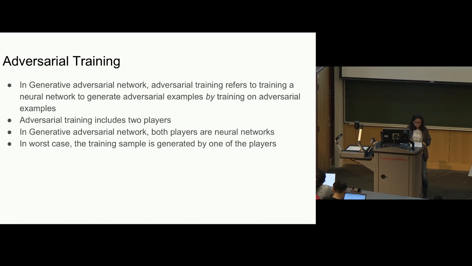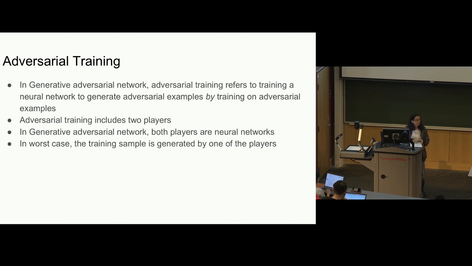Training a model on adversarial training means that you train the neural network to generate adversarial examples by giving it adversarial examples. So in generative adversarial models, in GANs, this is basically done by two neural networks where they act as two players in a game which are playing against each other.